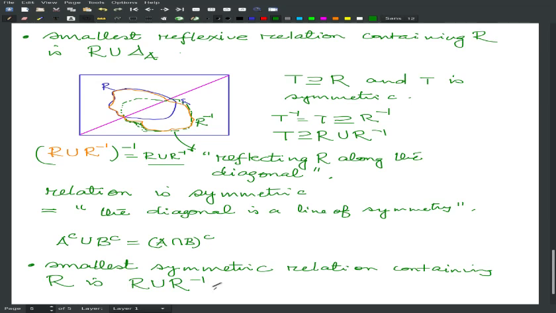And in my notes I have given a description of the smallest transitive relation containing R. It is called the transitive closure of R. This is called the reflexive closure of R, and so on.